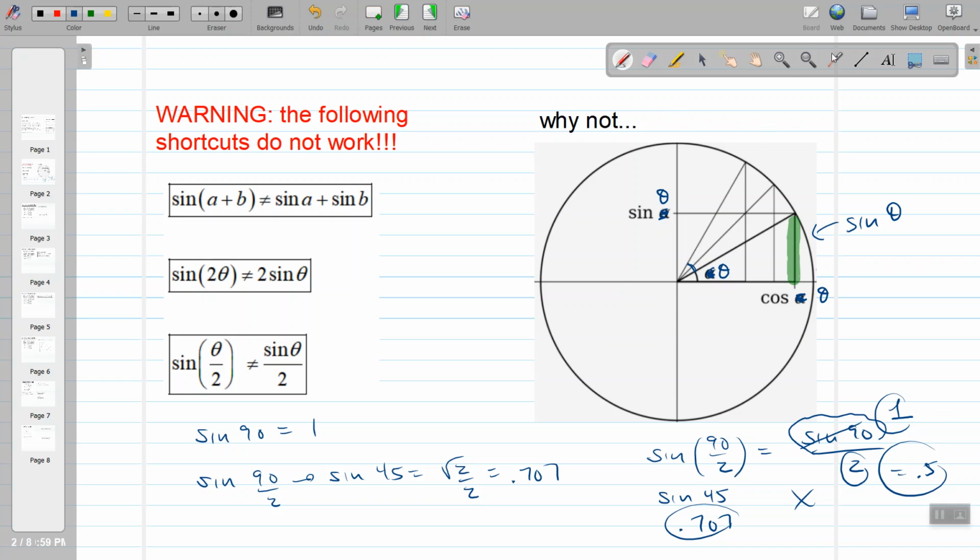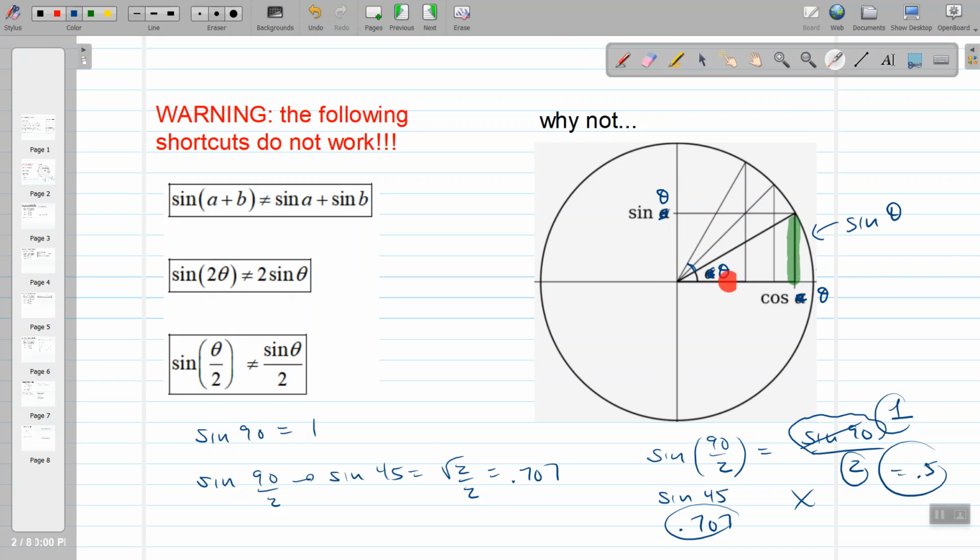This extra portion that I added here looks to be about the same length as this one. So now I would say this angle is double the original one. Now, if you look at the triangle that goes with this angle, that's this one right here, so let me trace it for you real fast. Hopefully you'll be able to follow along.